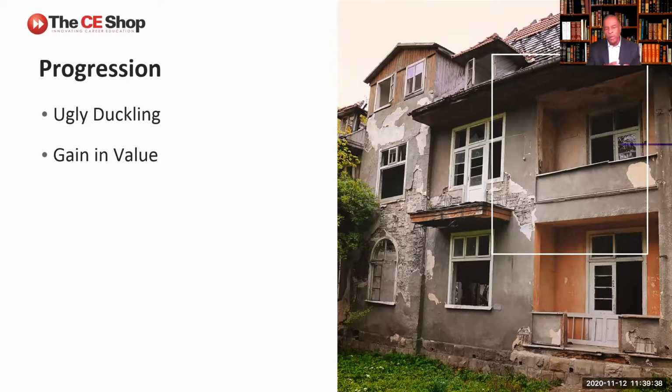So when you think of regression and progression, don't overthink the terms. They're interrelated and they're opposites. One is detracting from value from associated properties, and one is gaining in value from associated properties.